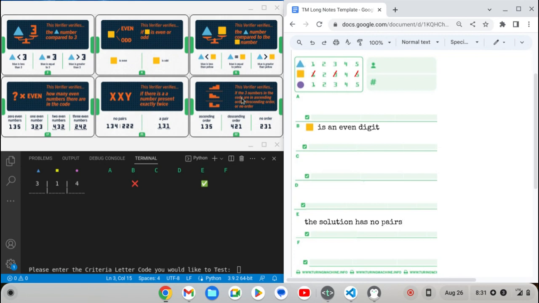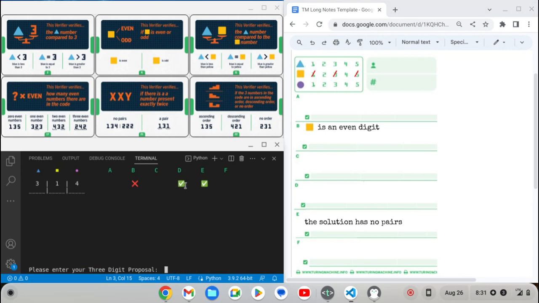And I think that would make this card irrelevant, and that can't be the case. So I'm pretty confident that it should be all 3 distinct digits. And that said, since we do have an even in square, I think I'm going to test criteria card D.